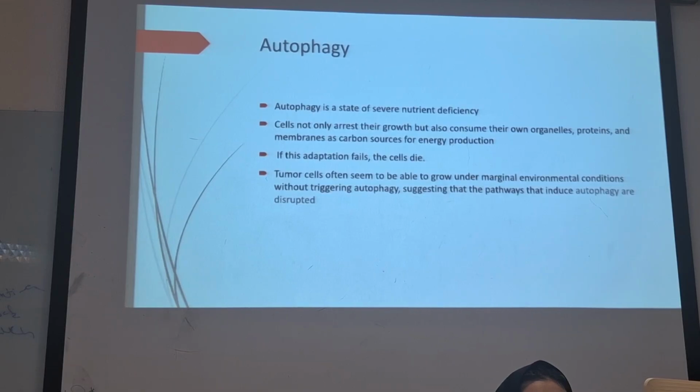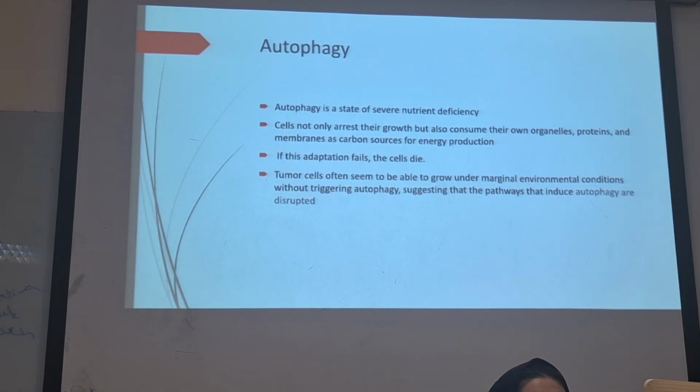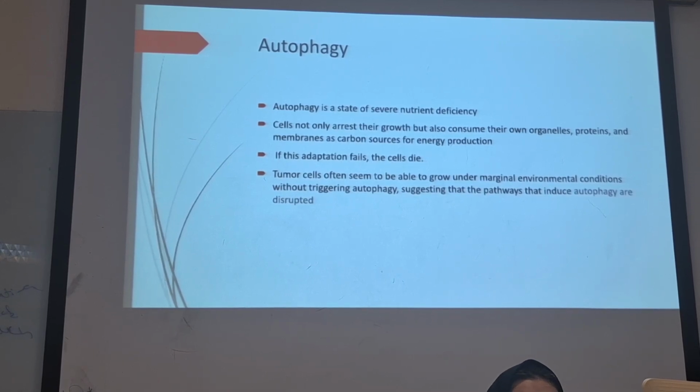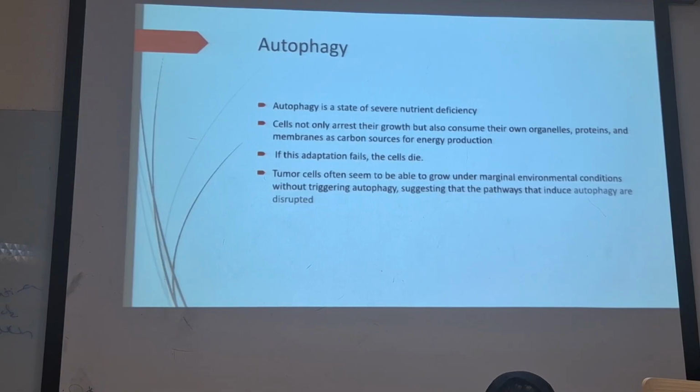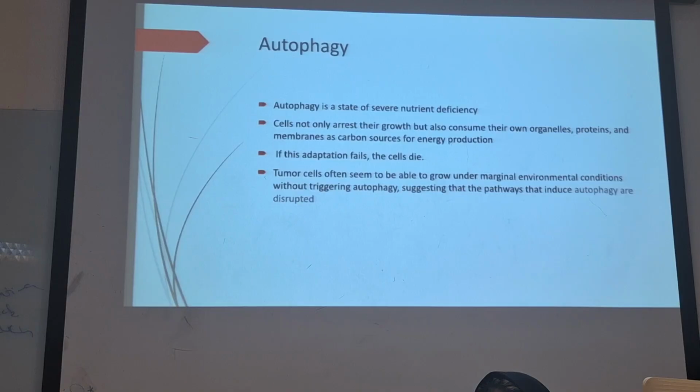If this adaptation fails, the cell dies. Some tumor cells seem to be able to grow under marginal environmental conditions without triggering autophagia, suggesting that the pathways that induce autophagia are disrupted in the tumoral cells. So we have some mutations that can disrupt the pathway of autophagia in some tumoral cells.